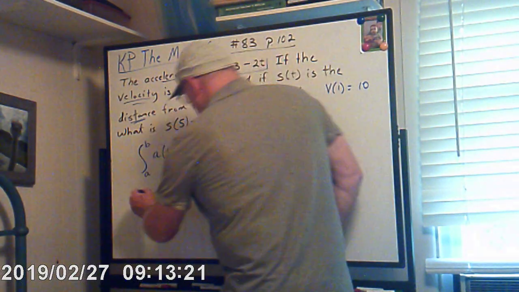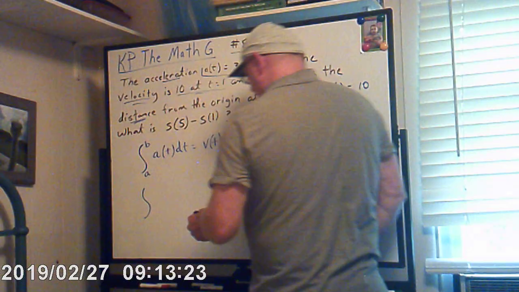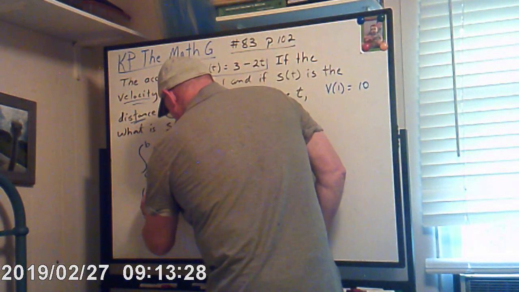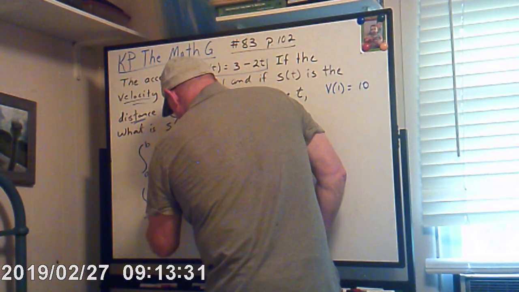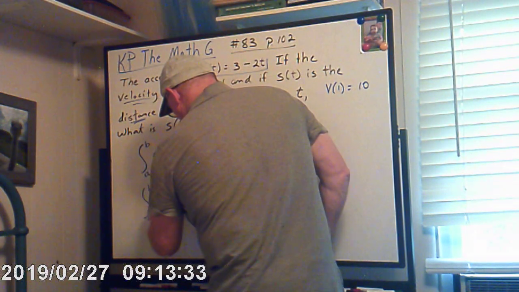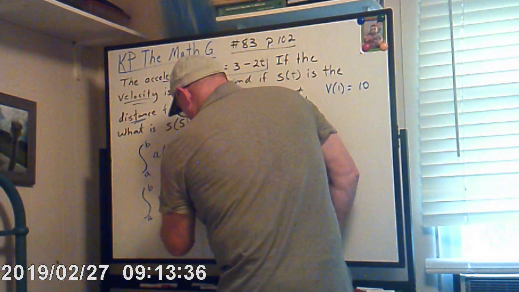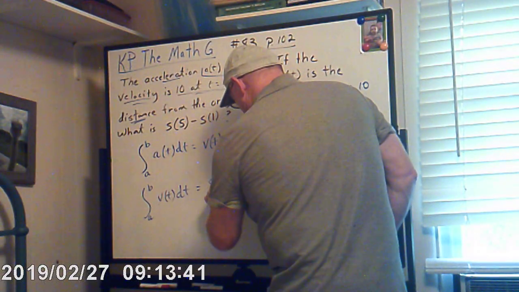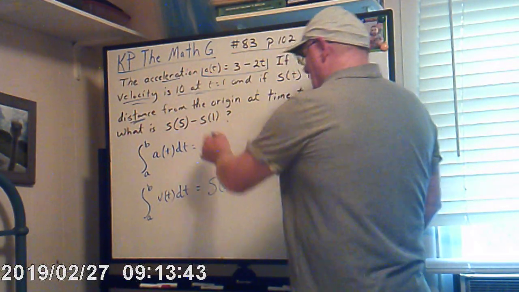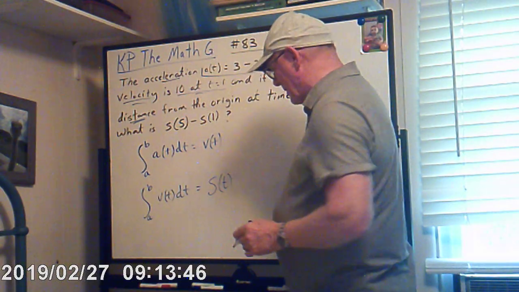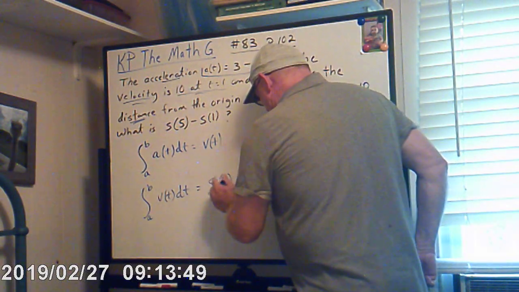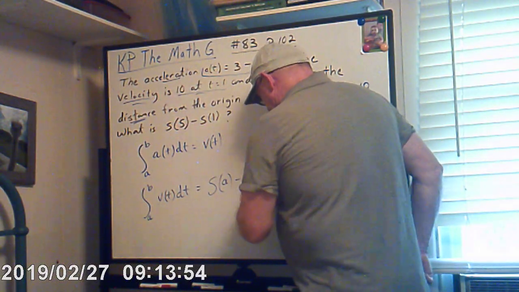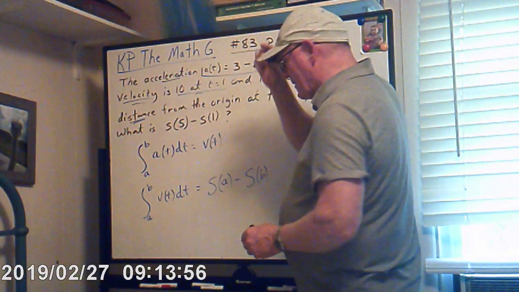If I take that antiderivative from a to b of v at t dt, that is going to give me s at t. That's really our goal. We want to get to s at b minus s at a, and that's what we're doing: s at 5 minus s at 1 right there.